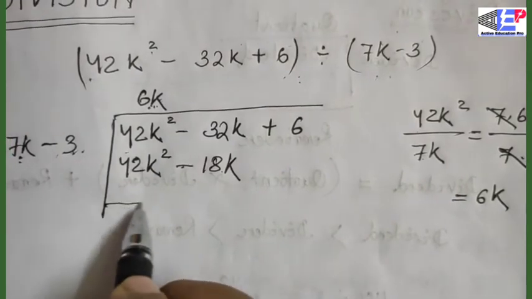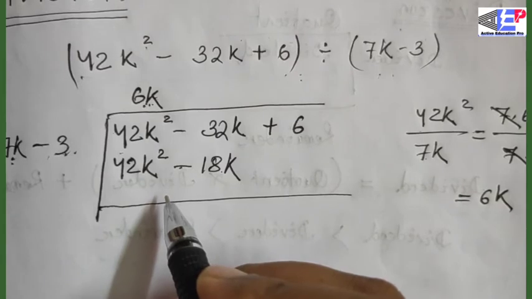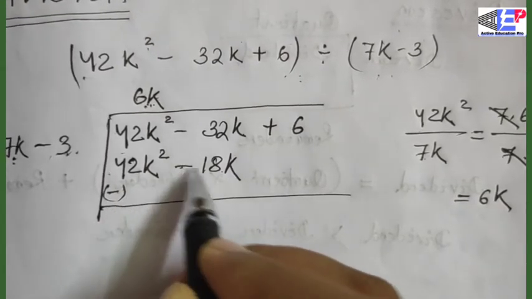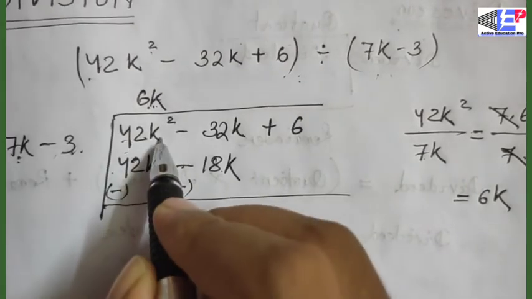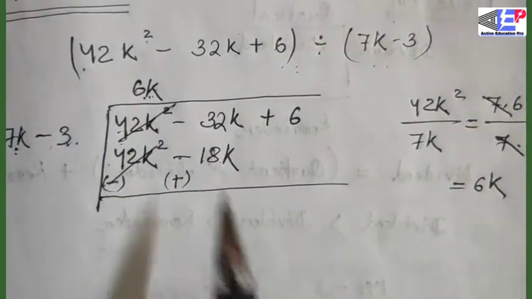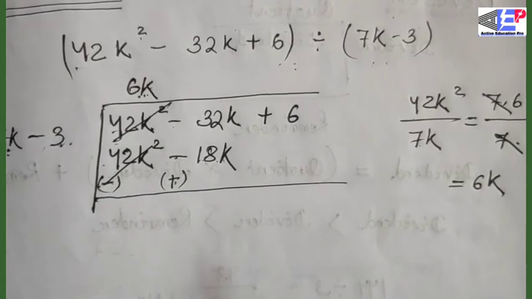Okay, now subtract this value. So at the time of subtraction the sign will be changed. Plus 42k square will become minus, and here minus will become plus. Plus 42k square minus 42k square, it will be cancelled, and then minus 32k plus 18k, both are of opposite sign.